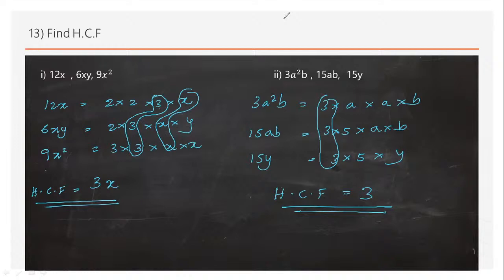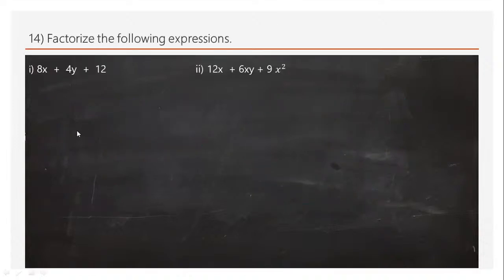Question number 14. Factorize the following expressions. You have to take the common factor out, right? Then you can see this 4 is the common factor. 2 times 4x plus 4 into y plus 4 into 3. 4 common, right?